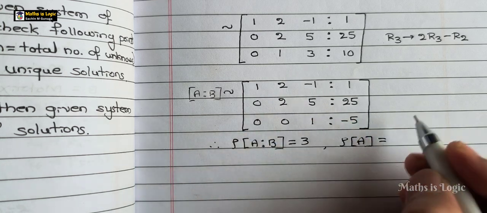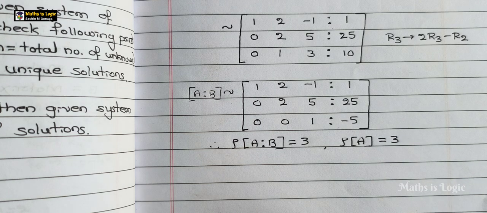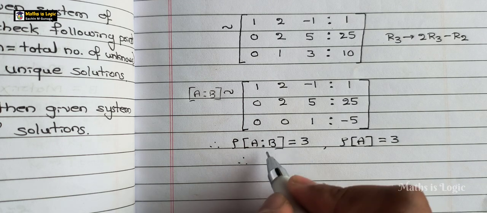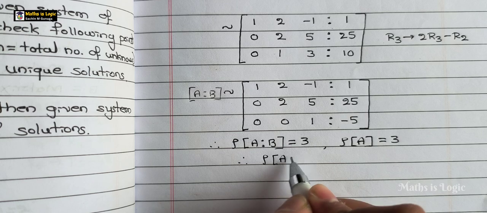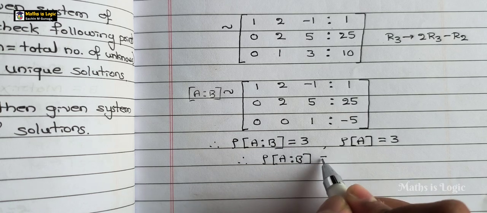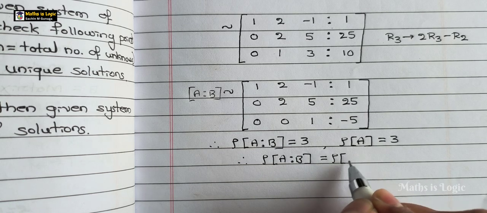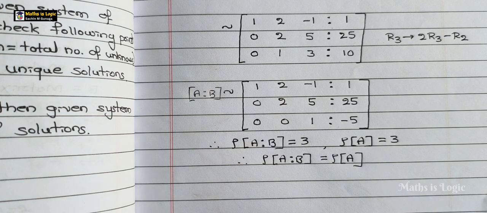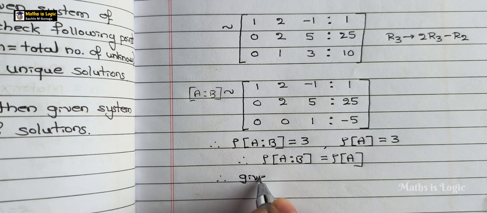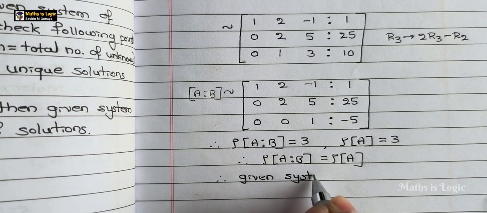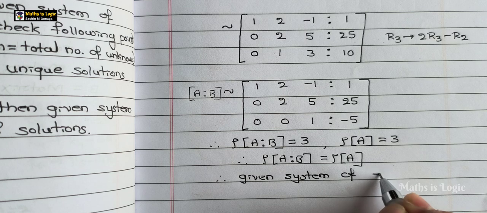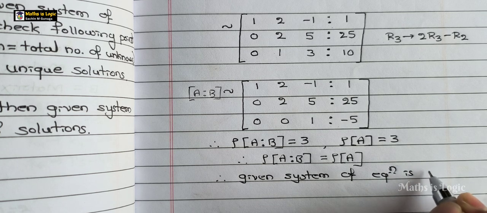Therefore the rank of A is also 3. What we observed here is that the rank of the augmented matrix is equal to the rank of A. Therefore, the given system of equations is consistent.